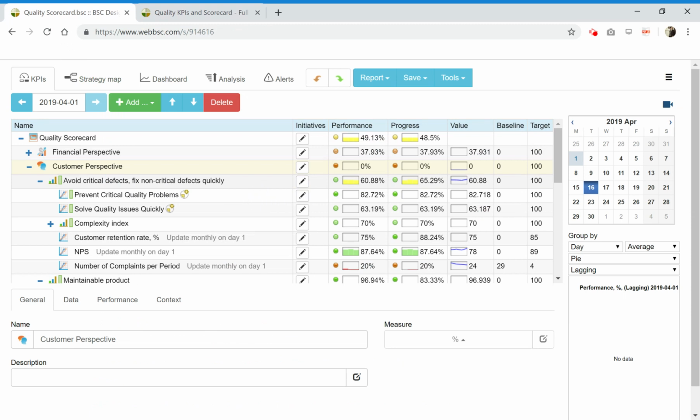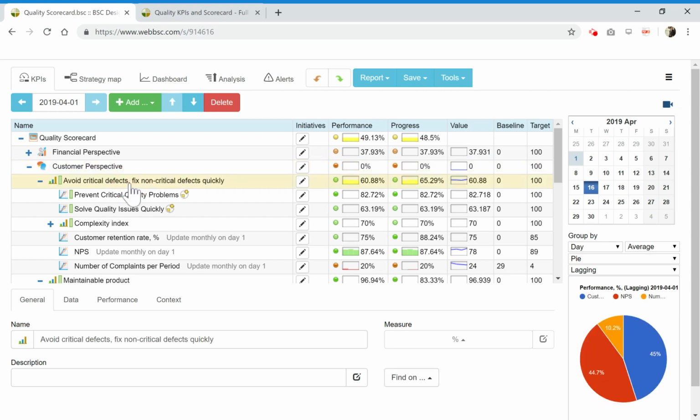And of course, you can do the same. If you don't have an account with BC Designer Online, you can create a trial account to give it a try to understand how it feels. And if you're already using BC Designer Online, then you just copy it to your account and change it according to your needs.